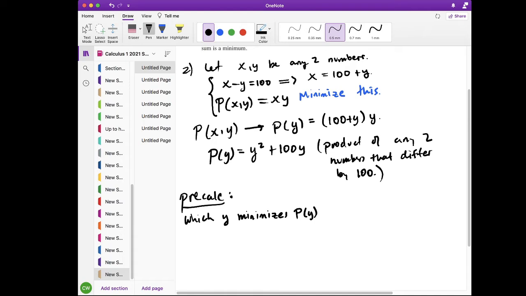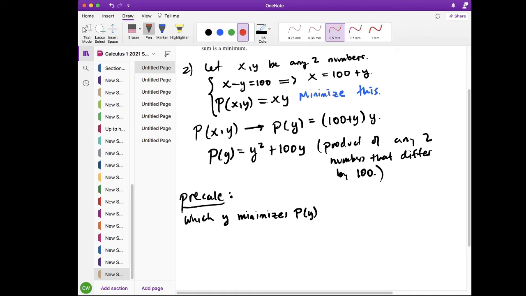First of all, can someone say why a minimum must exist without doing any derivative? A hint is, what type of function is p of y? If you were to graph it, what would it look like? It's a parabola.